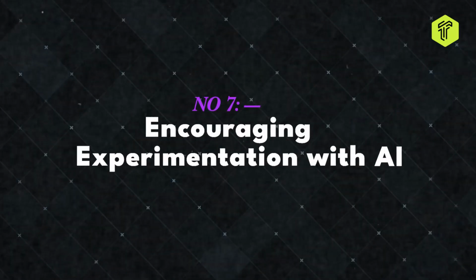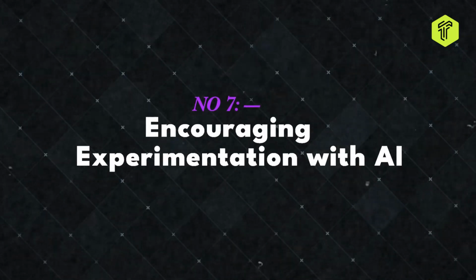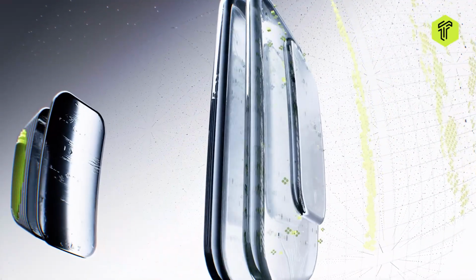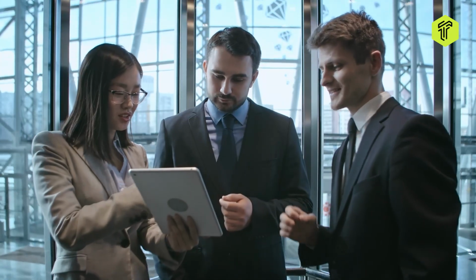Number 7 then. I feel like this is something I wish I could just say to every group of people that want to go and implement something new in their company. And that is start experimenting. Give yourself permission to experiment. That might seem really crazy and really wild that I would say that, but it's actually not. Here's the thing. The age of AI is completely reinventing business as we watch.